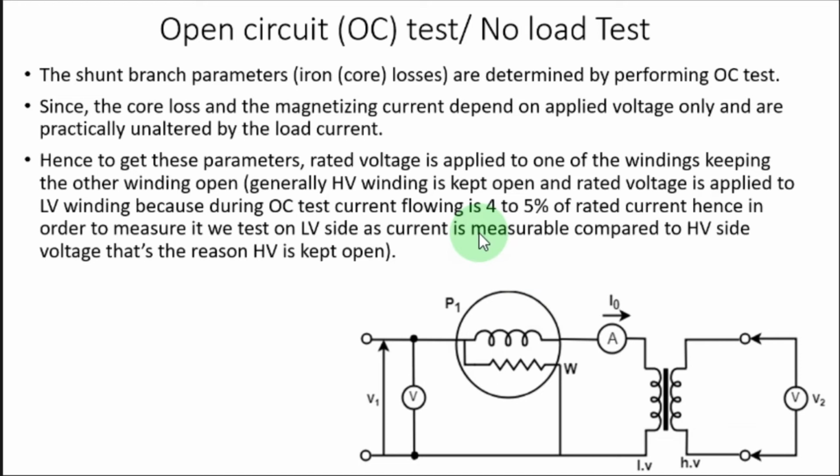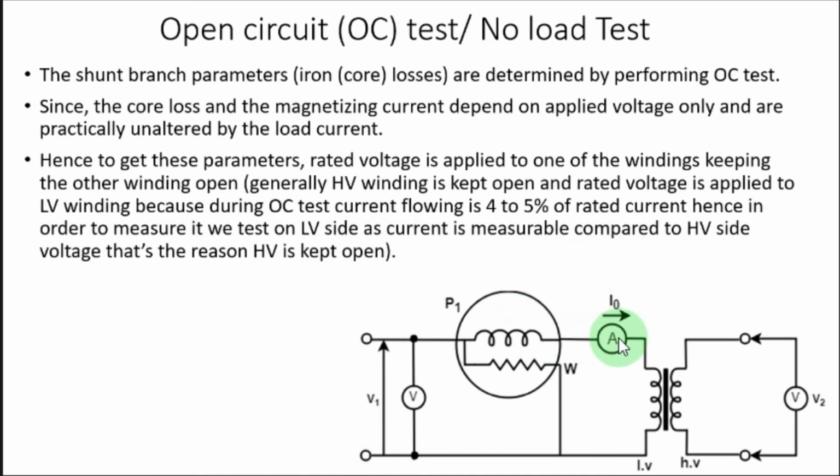Then the current will be small, so that we can measure it easily, right? That is the reason why we open circuit the high voltage side and apply the rated voltage to the primary side, simply because it is measurable then.